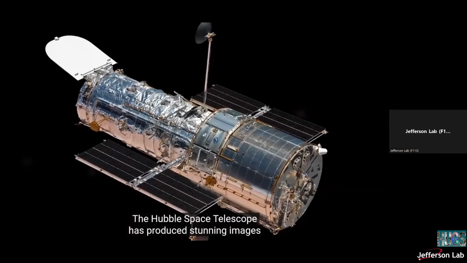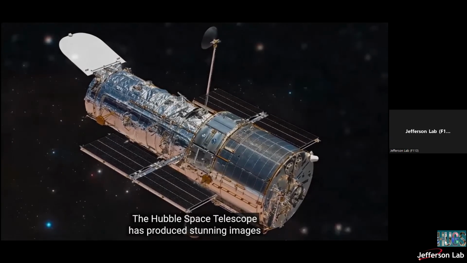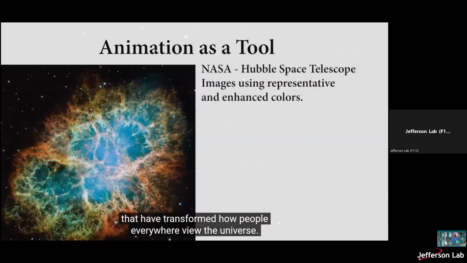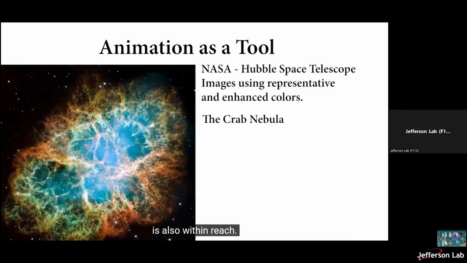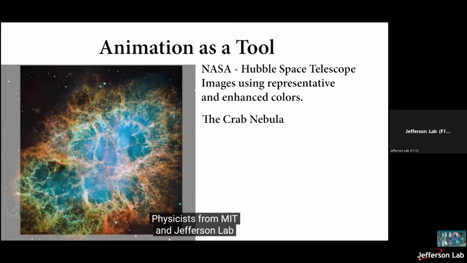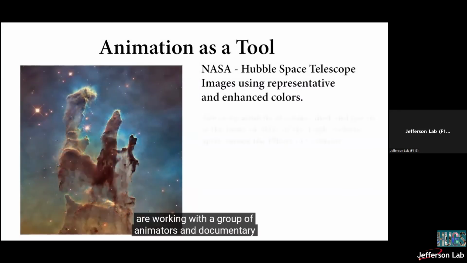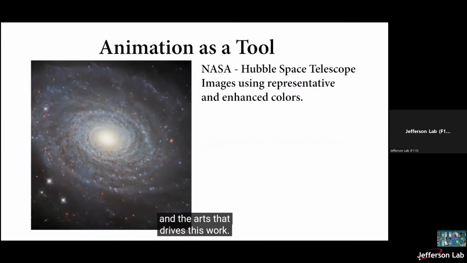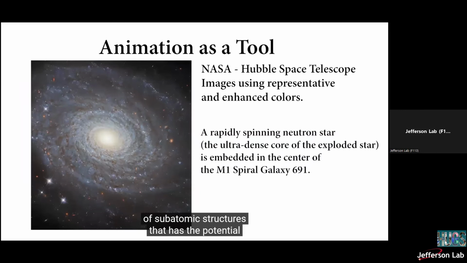The Hubble Space Telescope has produced stunning images that have transformed how people everywhere view the universe. Now, a startling new view of the subatomic world is also within reach. Physicists from MIT and Jefferson Lab are working with a group of animators and documentary filmmakers to both create a more accurate visualization of the structure of the proton and to document the collaboration between science and the arts that drives this work. The goal is to provide a more complete view of subatomic structures that has the potential to change how people think about the nature of matter itself.